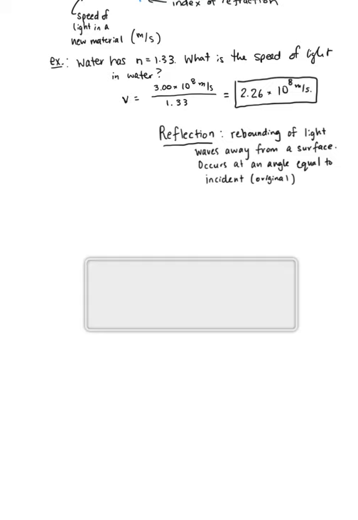For example, if we shine light at a mirrored surface, like I'm trying to illustrate in this gray block here, where light comes into the surface like this, say at an angle of 45 degrees with respect to some imaginary straight line that we can draw right down the middle, we would expect light to bounce off of the surface or rebound away from it at an angle that's equal to that incident angle. So we call this wave the incident wave.